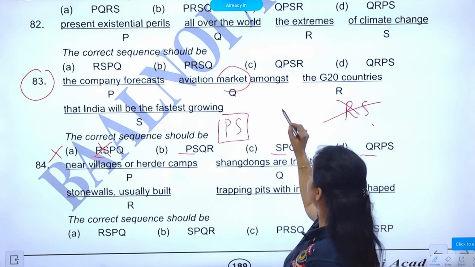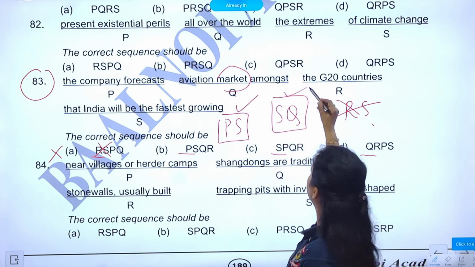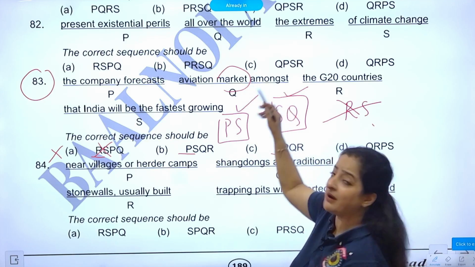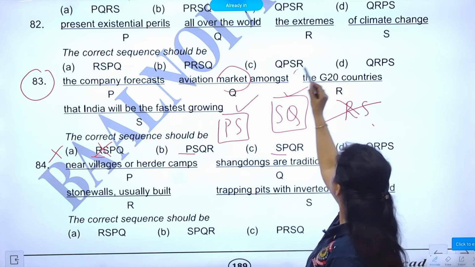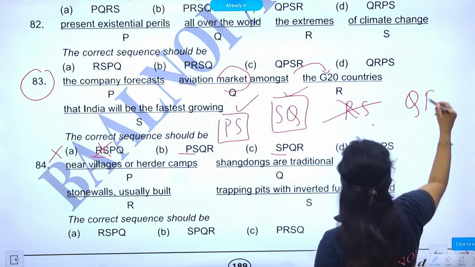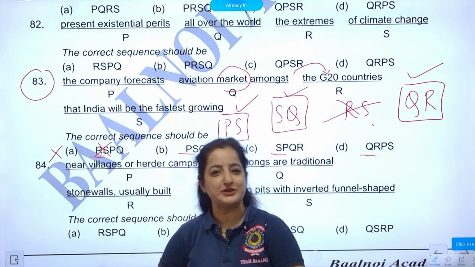So S and Q also is a wonderful pair. PS is a pair, S and Q is a mandatory pair. Fastest growing market amongst who? Amongst the G20 countries. So this way, even Q and R is a wonderful pair. Three mandatory pairs we happen to get.